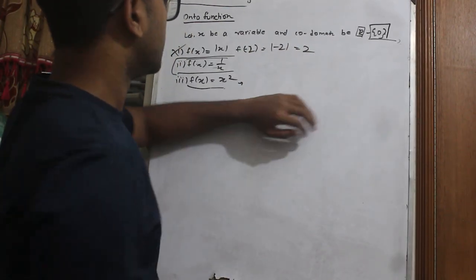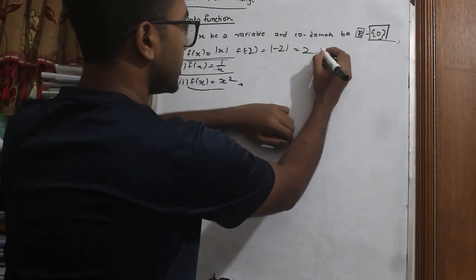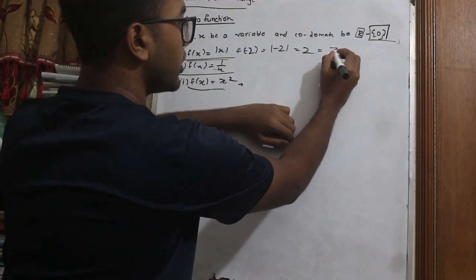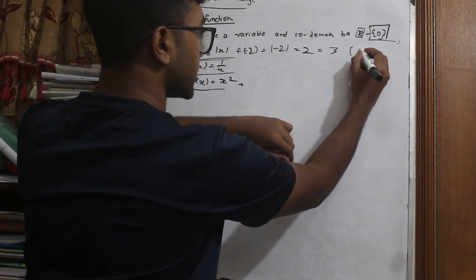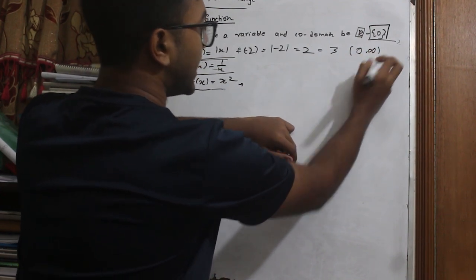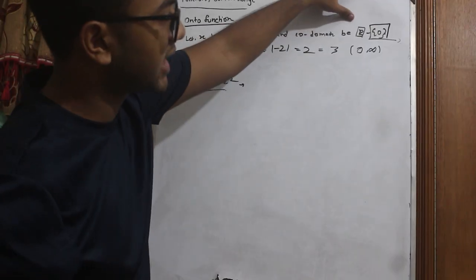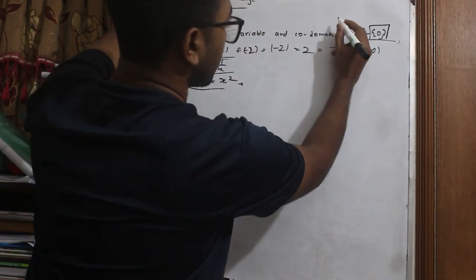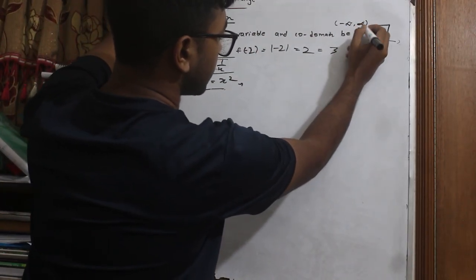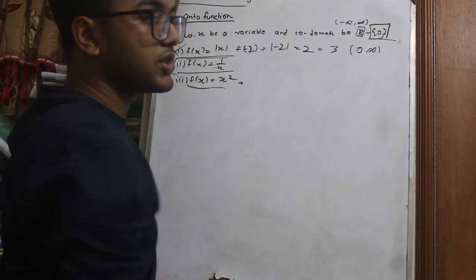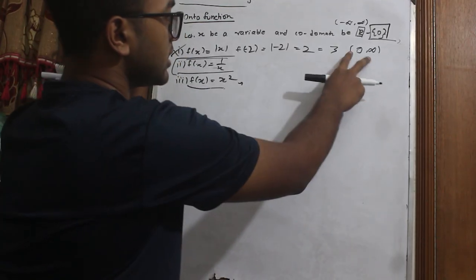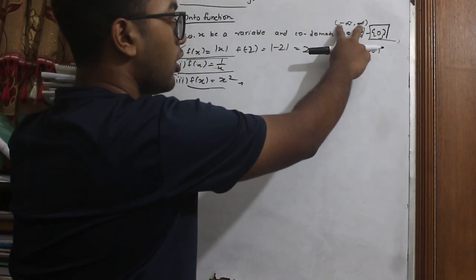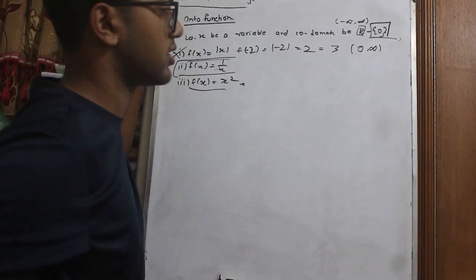If we do this for any number, we'll see that we only get positive numbers. So our range here is from 0 to infinity, only positive numbers. But the codomain has all numbers from negative infinity to positive infinity. In our first case, we are not getting any negative numbers. So the range here does not contain all of the elements of the codomain. So this is not the answer.